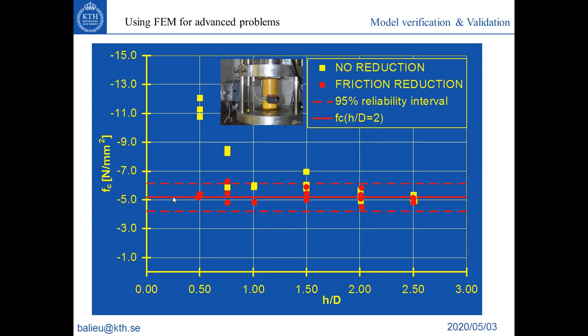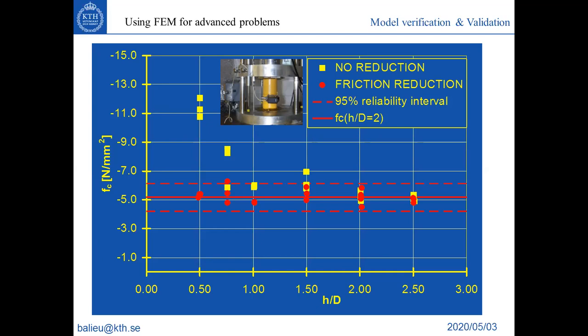And here you can see that you always obtain around 5 megapascal for this peak stress. That means you got an intrinsic material parameter of this asphalt, for instance, in this case. It is a material parameter that you can use in your material model for your finite element simulation. This material parameter doesn't depend on the geometry.